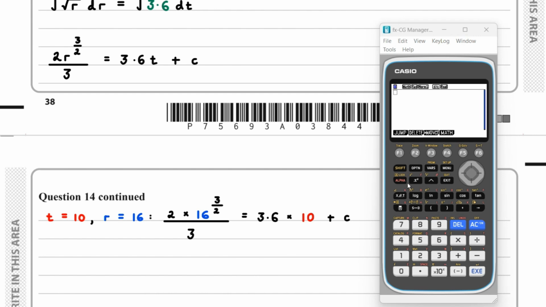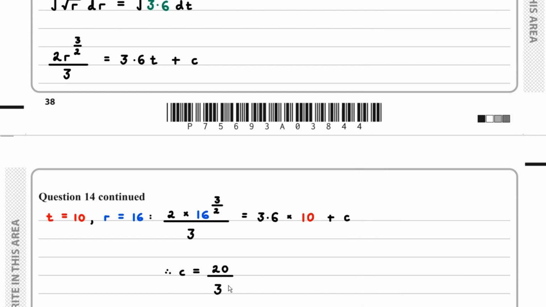Let's solve for c. We have 2 multiplied by 16 to the power of 3 over 2 over 3. Subtract 36. Therefore, c equals 20 over 3.